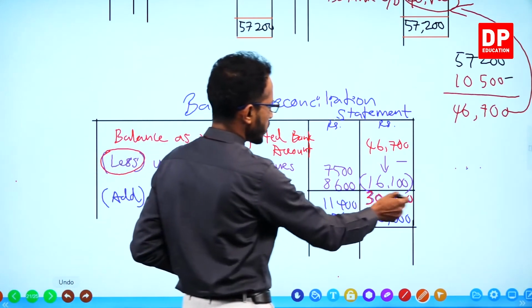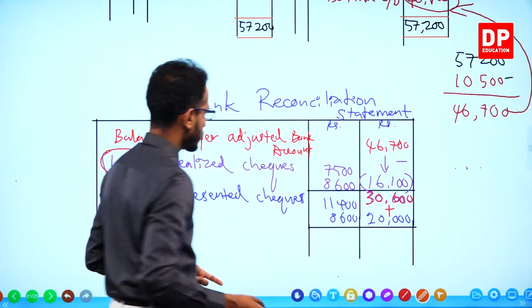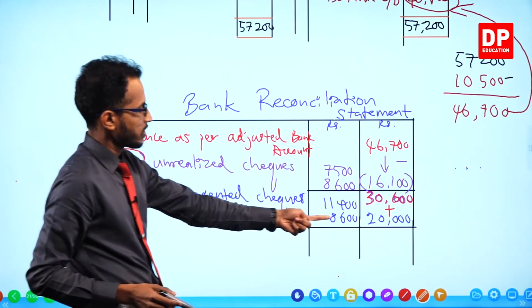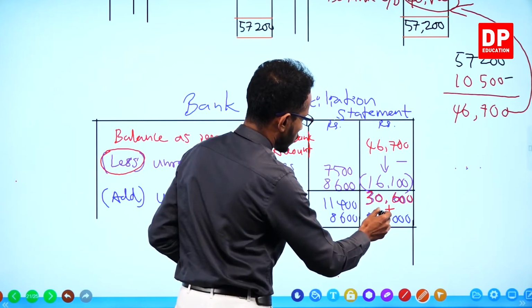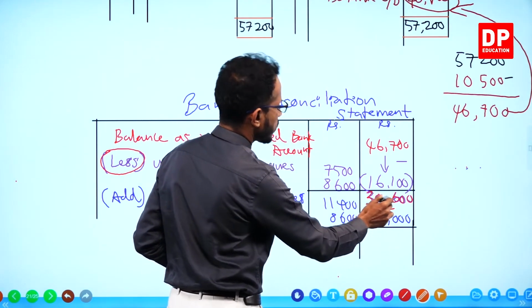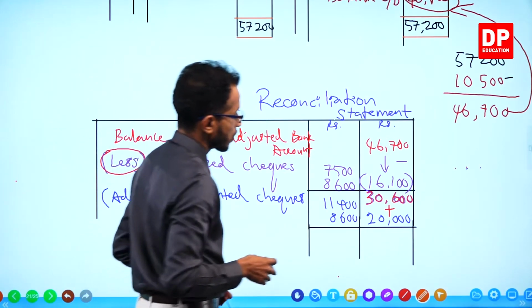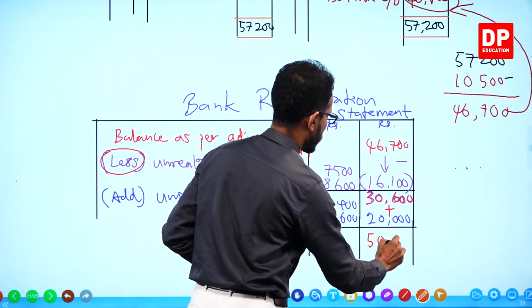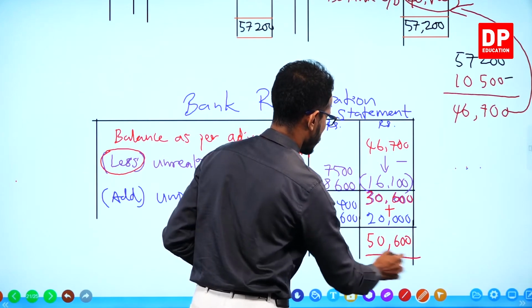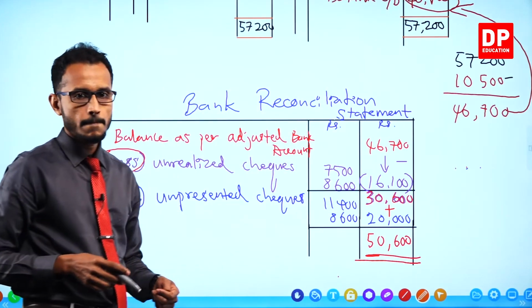You get 30,600 and you add the unpresented 20,000 to this. So you get 30,600 plus 20,000, 50,600. The final answer.